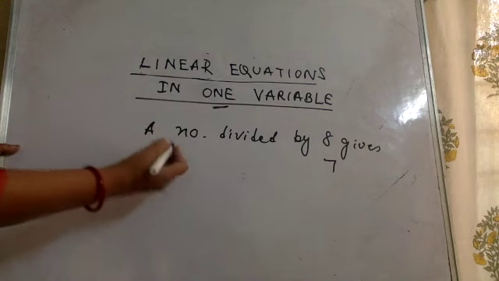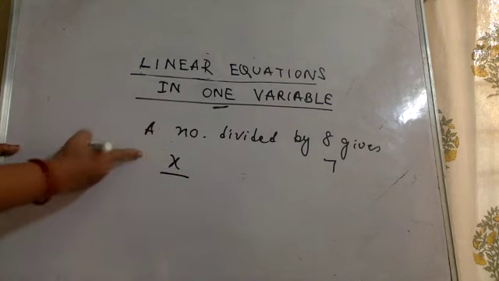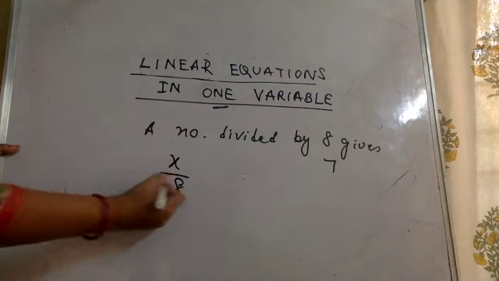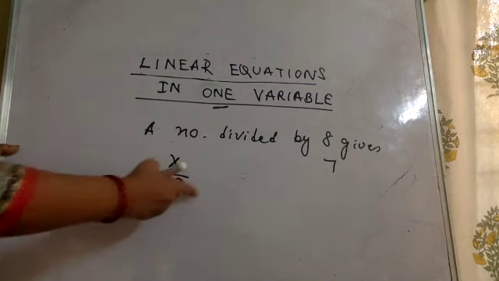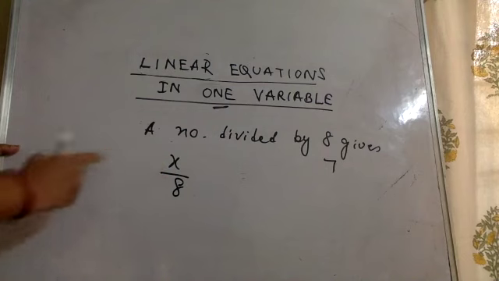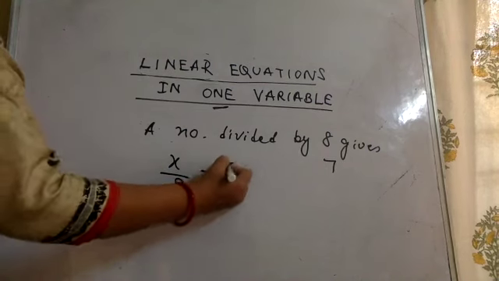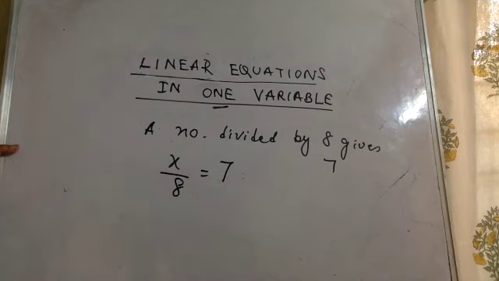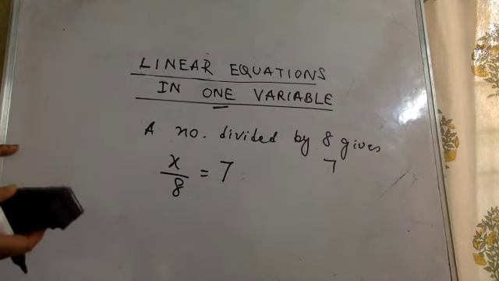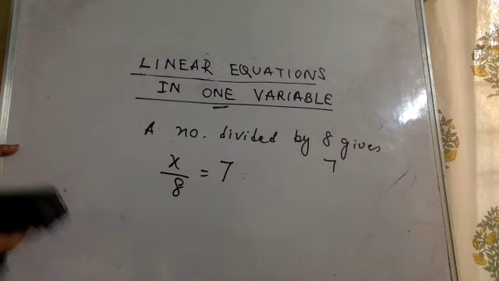A number straight away, a number is an x divided by 8. Put the 8 here, you don't have to put the division sign and 8. Put the 8 straight down, you get the equation in one step. Gives us an equal to, and put the 7. Okay, a number divided by 8 gives 7.